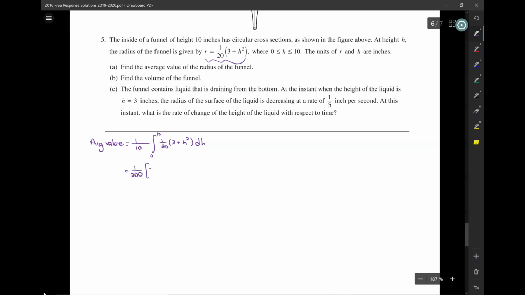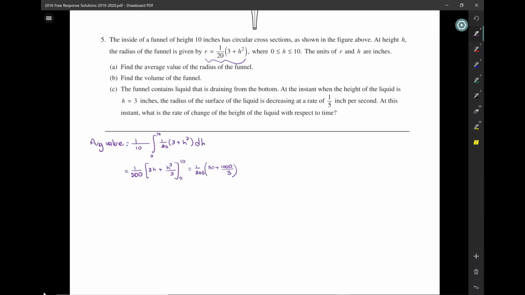So it's going to be 3h plus h cubed over 3, evaluated from 0 to 10. And now look at this. This is 1 over 200 times, when I put the 10 in here, I get 30 plus 1,000 over 3 and then minus 0. Okay?